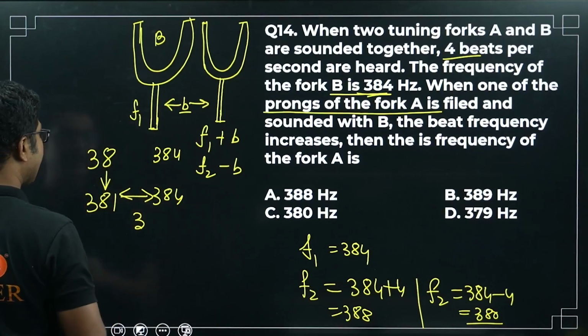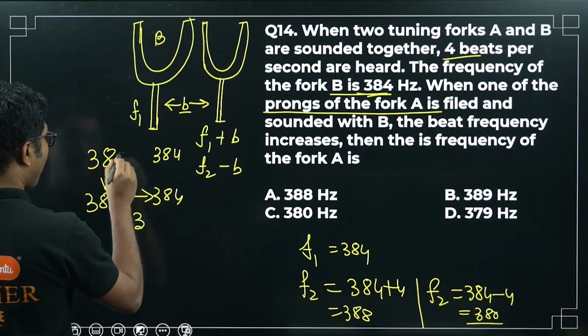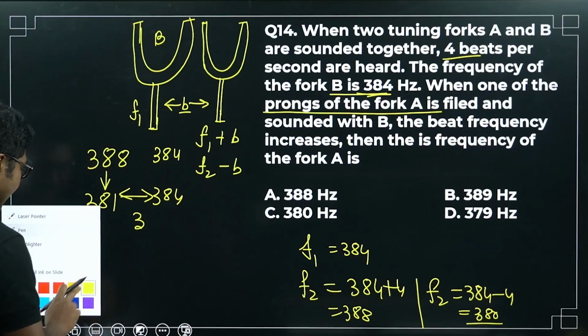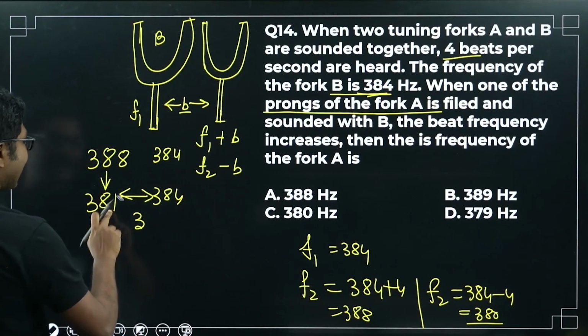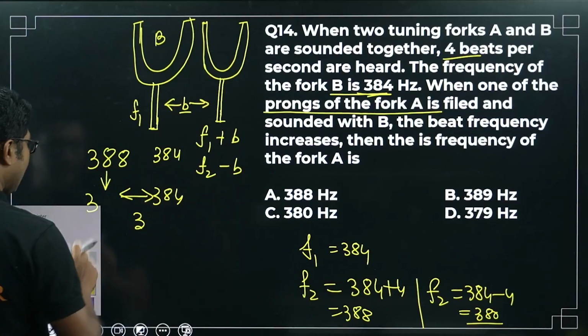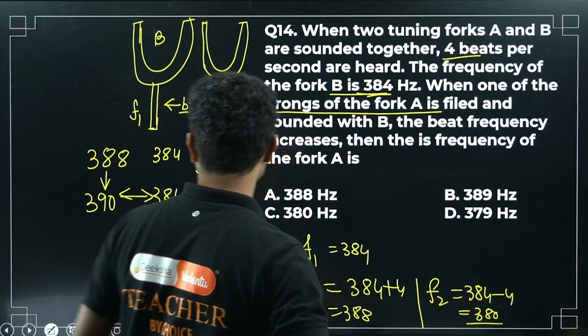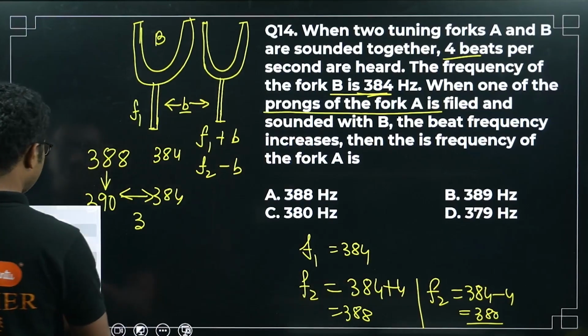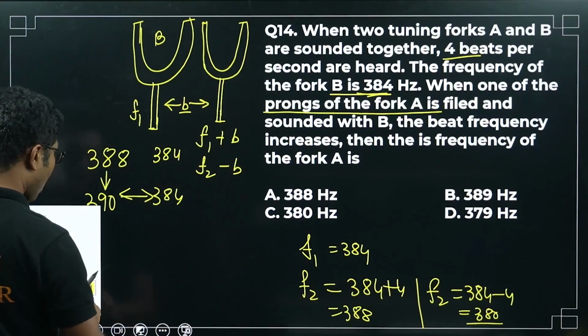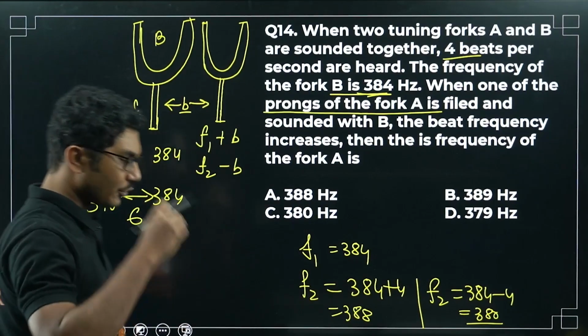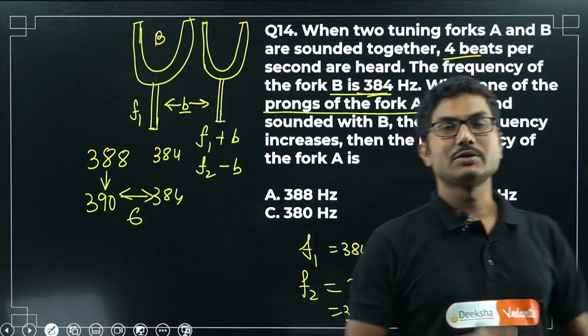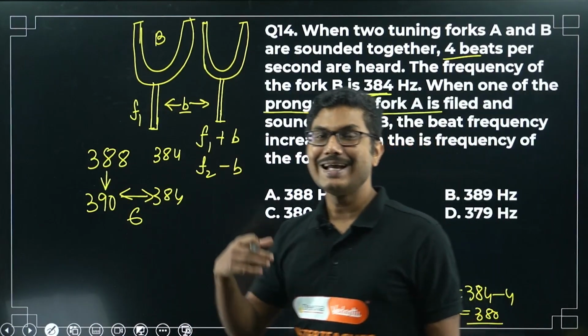But if it is 388, then what would happen? If it was 388 and then it is increasing, suppose it reached another value, say 390. Now what is happening to the beat frequency? Now if you see, the beat frequency is no longer 4 but it is 6. So as you add extra mass to a tuning fork, its frequency increases.